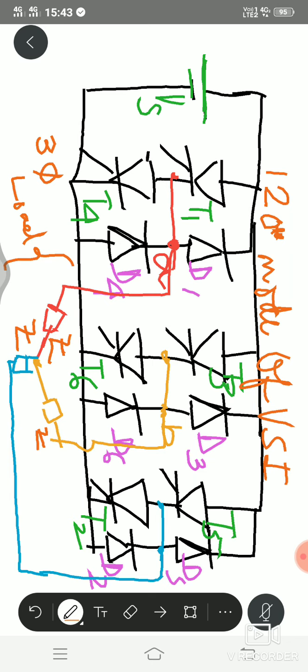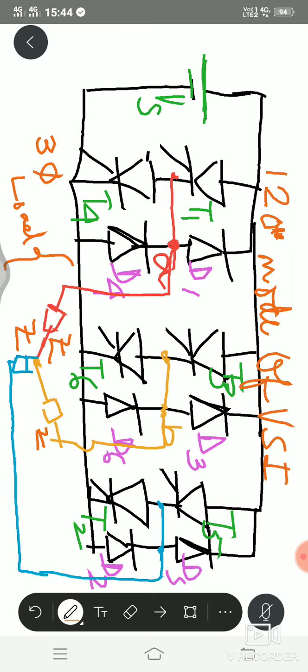So once again, I'm repeating, between the upper group thyristors, 120-degree angle difference will be there, and between the lower group of thyristors 4, 6, 2 again 120-degree angle difference will be there. And between the thyristors of each arm, say 1 and 4, between the first arm, that is T1 and T4, there will be a difference of 120 degrees plus a gap will be maintained. Okay, so that thing we will be discussing later with the help of waveforms.